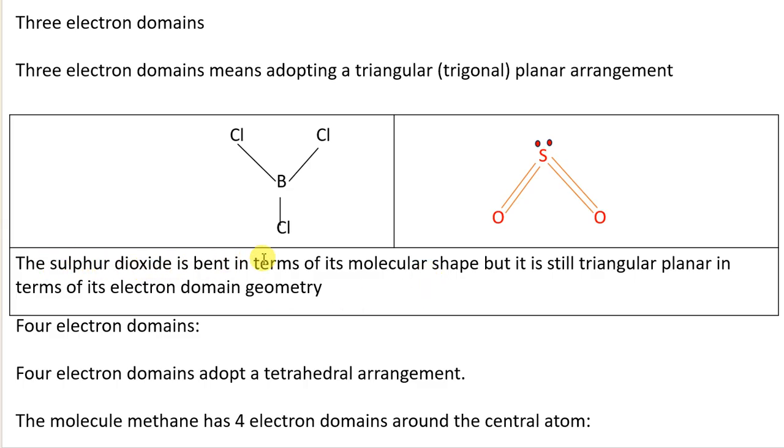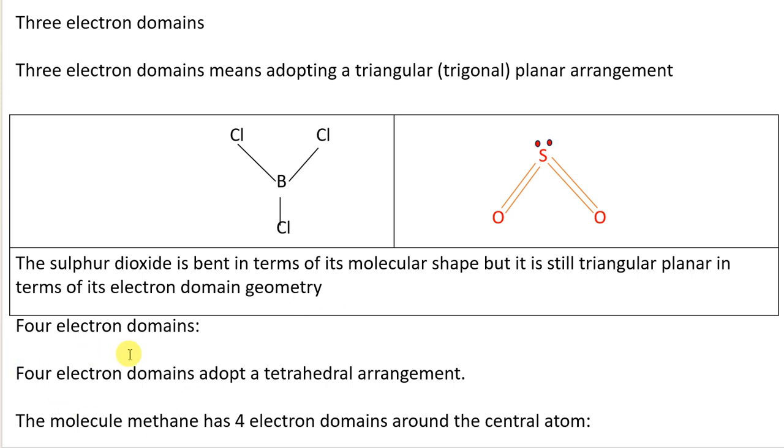Sulfur dioxide is bent in terms of its molecular shape, but it's still triangular planar in terms of its electron domain geometry. Electron domains, it doesn't matter if the electrons are bonded or if they're a non-bonded pair.